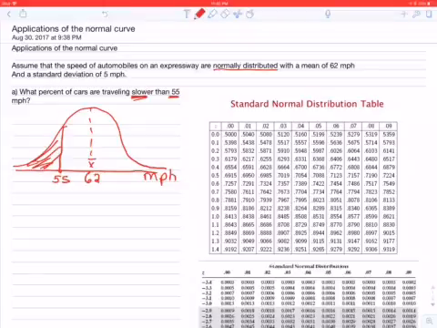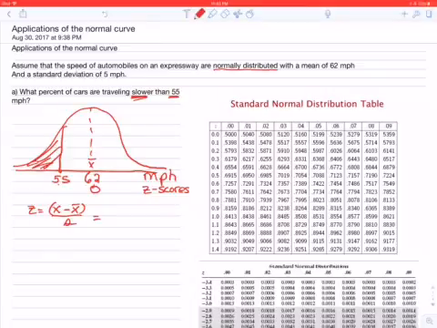Our next step would be to standardize these values. By standardizing them, I mean convert them to z-scores. The mean has a z-score of 0. Now for 55, I use the formula: the value minus the mean over the standard deviation.